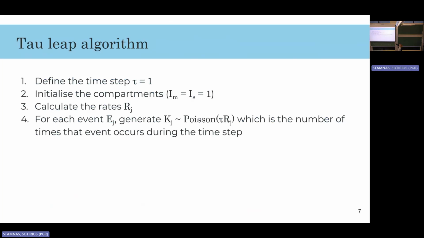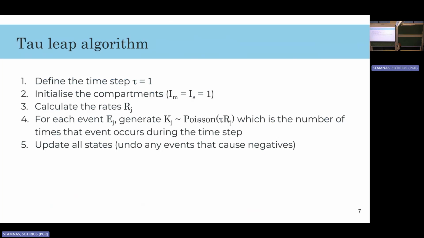This is just a Poisson distribution with rate parameter tau, our time step, multiplied by the rate for that event. Then we update all of our states, noting that sometimes you can end up with too many of each event happening, so you could have too many recoveries for the number of infections you have. You have to do a bit of undoing there to make sure we don't have any negative people. We keep doing that until we have no more infected people.